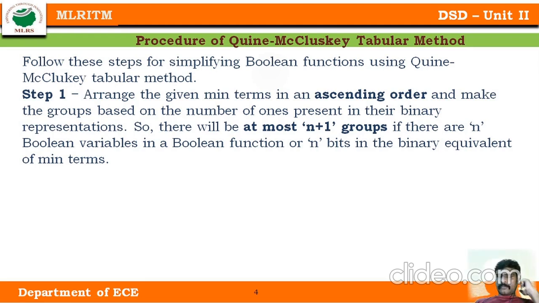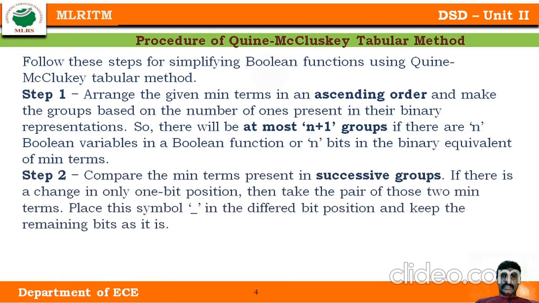What step 1 is telling us is that whenever you want to start a reduction using the tabular method, first you need to arrange all the given minterms in case of SOP, or maxterms in case of POS, in ascending order based on the number of ones present. Step 2: compare the minterms present in successive groups.